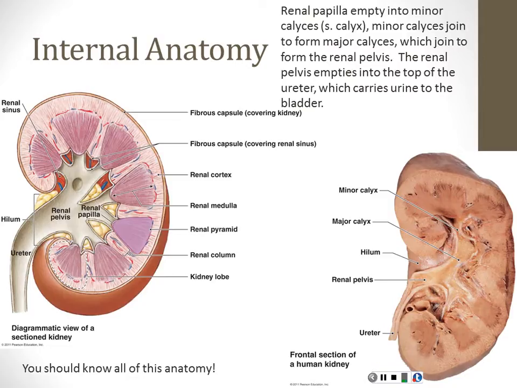We call those the renal columns, right? So this is a column, this is a column, this is a pyramid, this is a pyramid. Every pyramid ends in a papilla and a minor calyx, which join together to make a major calyx, renal pelvis, urinary. Okay, so we have cortex, medulla, pyramids, columns, papilla.